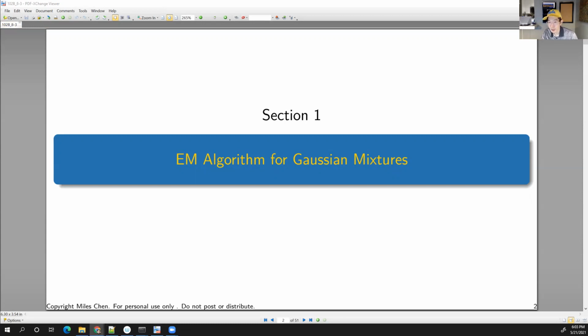Okay. The EM algorithm is kind of a cross between k-means clustering and the Bayesian classifier, right? We learned the Bayesian classifier, which gave probabilistic assignments for which class an observation belongs to. And then you have k-means clustering, which takes points and assigns them to a particular cluster, and k-means clustering uses Euclidean distance.